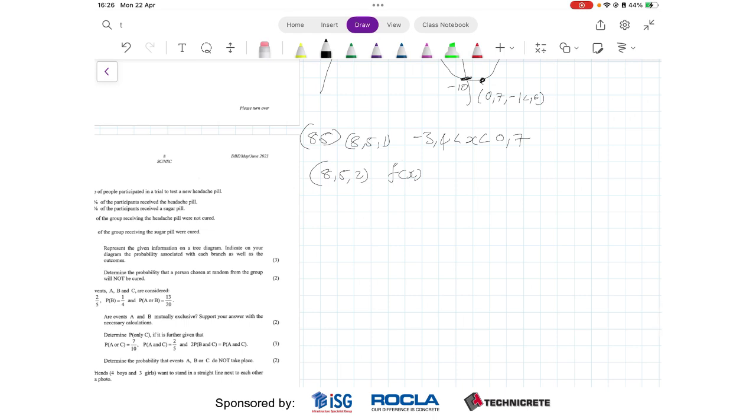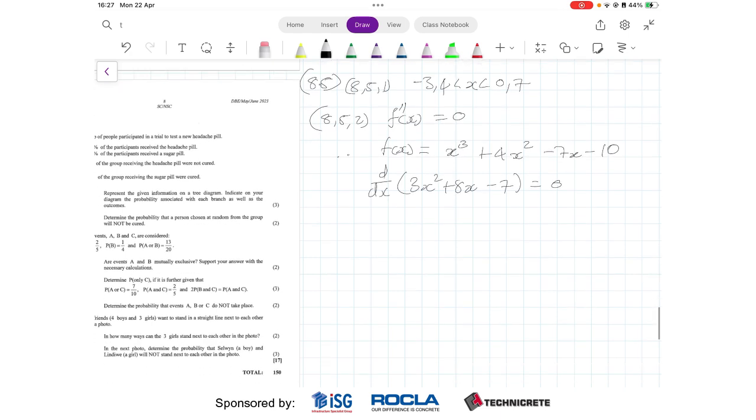We need to find the point for which f double prime at x is equal to 0. We know that f at x is equal to x cubed plus 4x squared minus 7x minus 10. Therefore, f prime at x is 3x squared plus 8x minus 7.